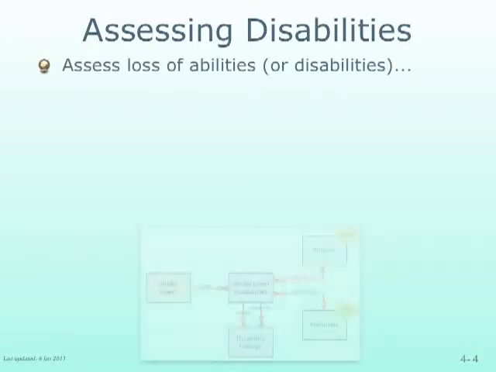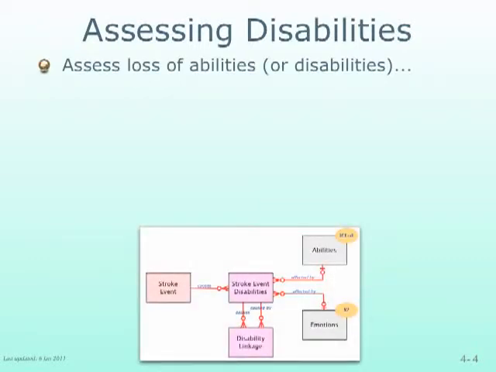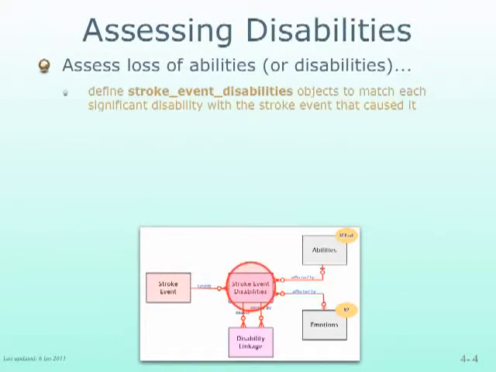The Stroke Rehab app can assist in the acute, subacute and community phases of the overall stroke recovery journey in a number of ways. It can assist in the assessment of a stroke survivor's disabilities by first defining stroke event disability objects, which match each significant disability with the stroke event that caused it.